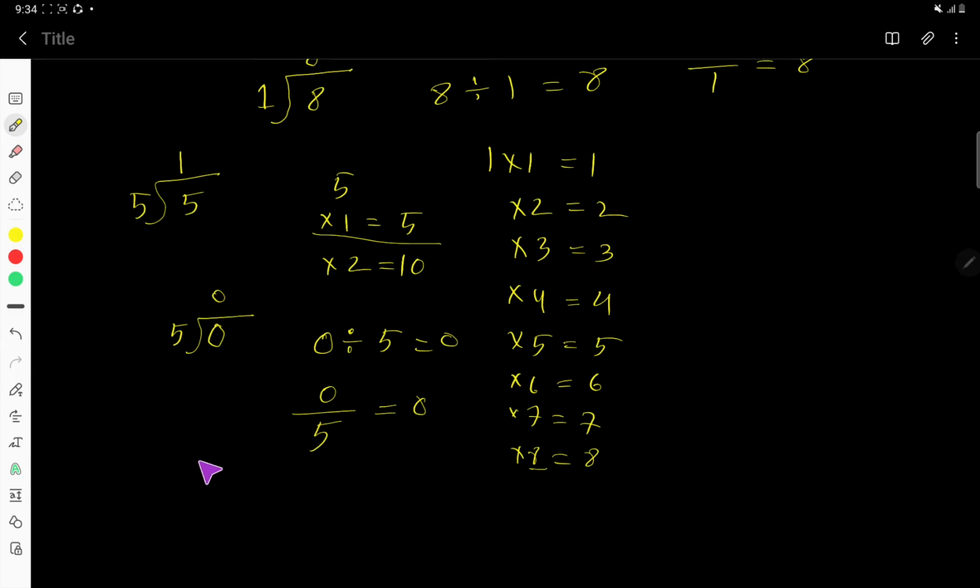But what will be the case of 5 divided by 0? The divisor can never be 0. The divisor can never be 0, and the result will be impossible. So these are the basic rules for division you need to know.